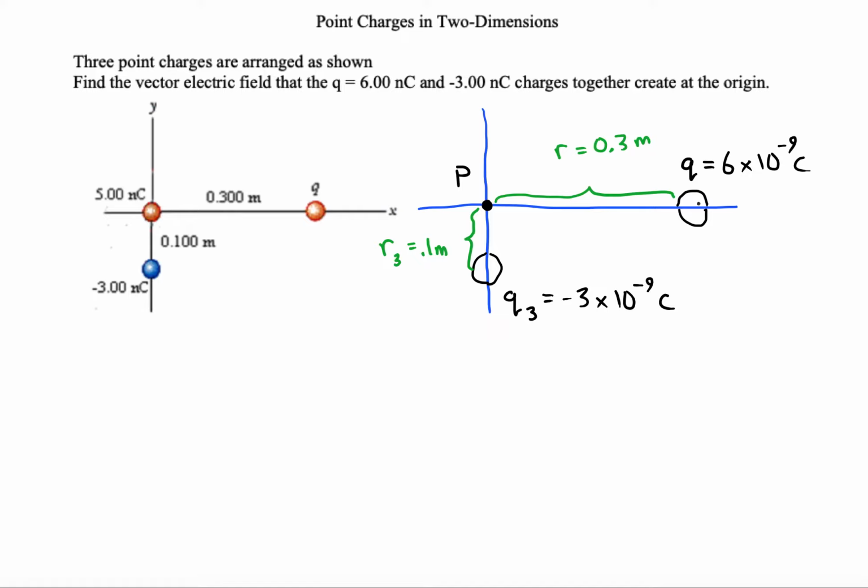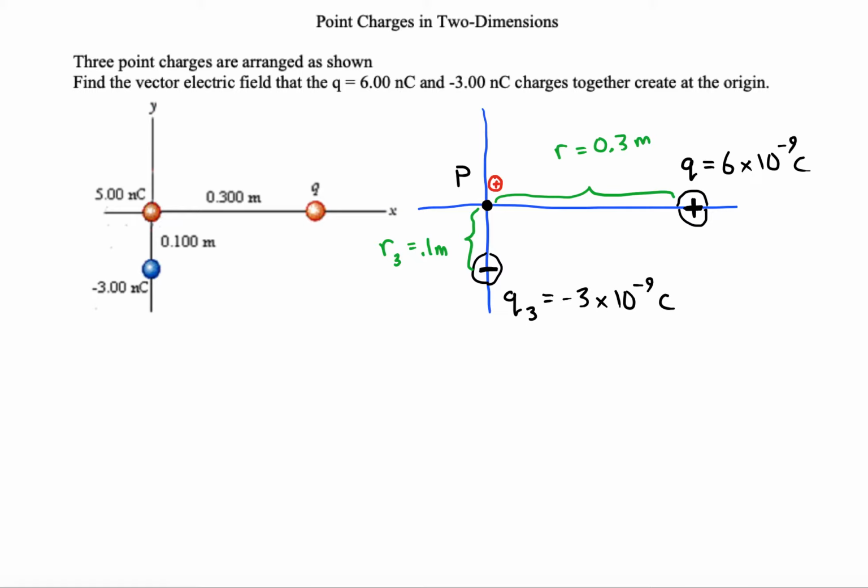All right, we want to consider what the signs of the charges are. That's important. This one's a positive charge and the other is a negative charge. And at this point, you want to imagine, what if there was a positive test charge at the origin? How would the charges around it push or pull on that test charge?